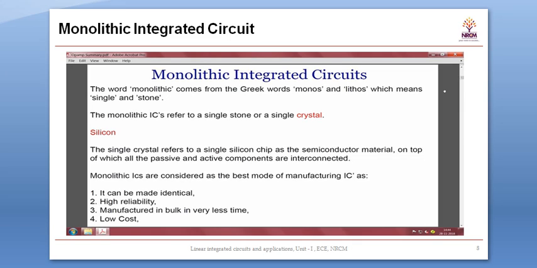On the other hand, in thick film IC, resistors, capacitors and interconnections are etched on a substrate by silk screening, not by evaporation like in thin film IC. So this is about another classification of IC.